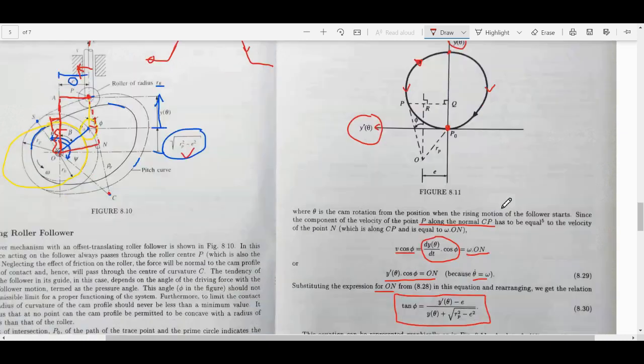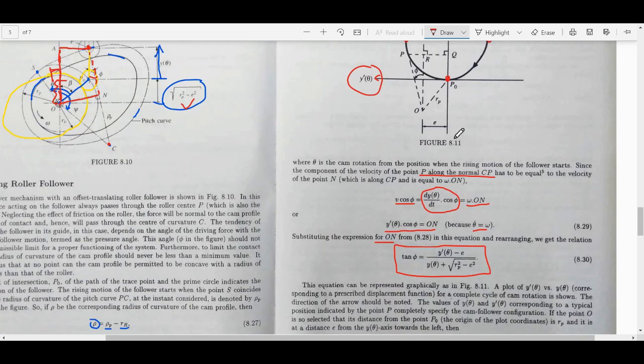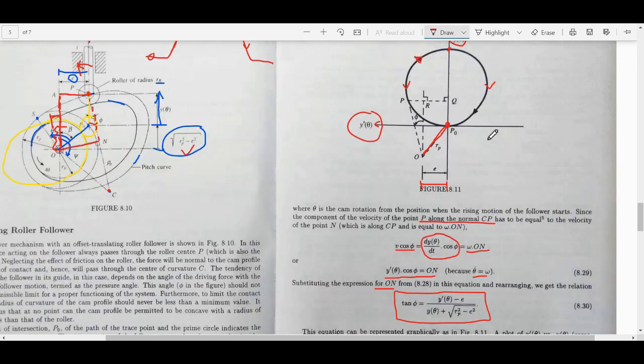Now we come here, what we do is we come to the left by an amount equal to the offset, and we draw this line equal to RP, or the pitch circle radius, in length. And then what happens is, you see over here, because this distance is E, what is this distance? This is some typical point on this curve.